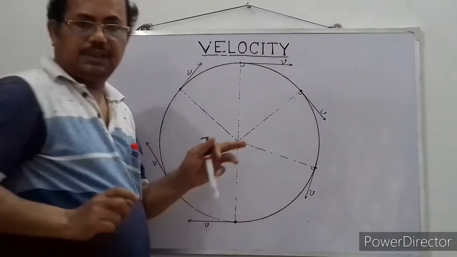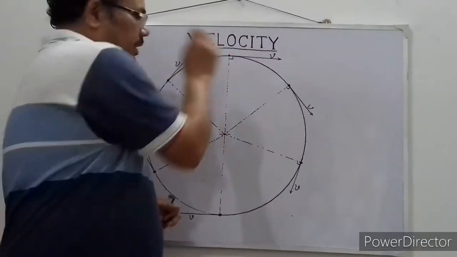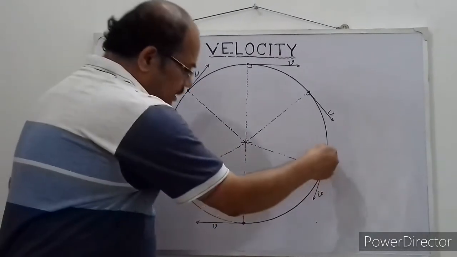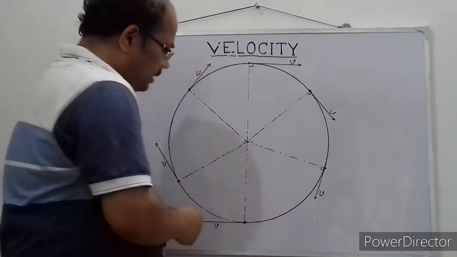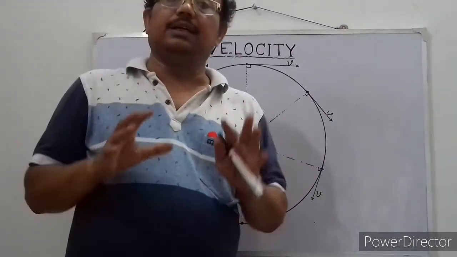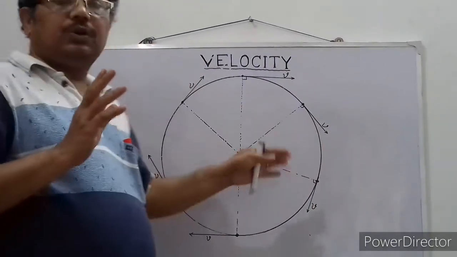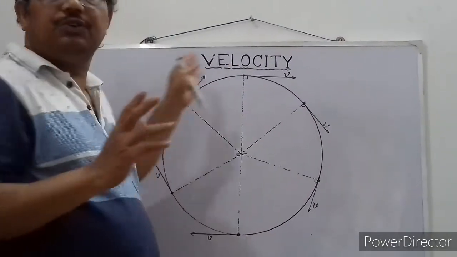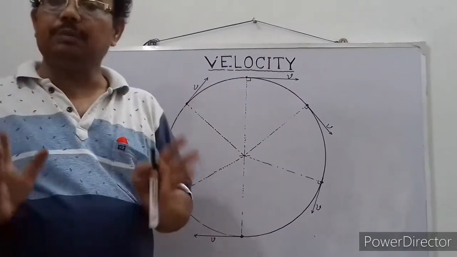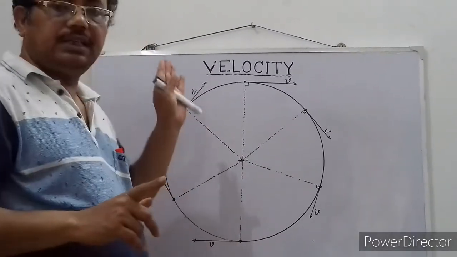Here the direction is the tangent at this point, and here also the tangent at this point. That means the direction of the velocity is changing every time. So here the speed is uniform, but velocity is non-uniform. Though the magnitude of the velocity is the same, the direction is changing.